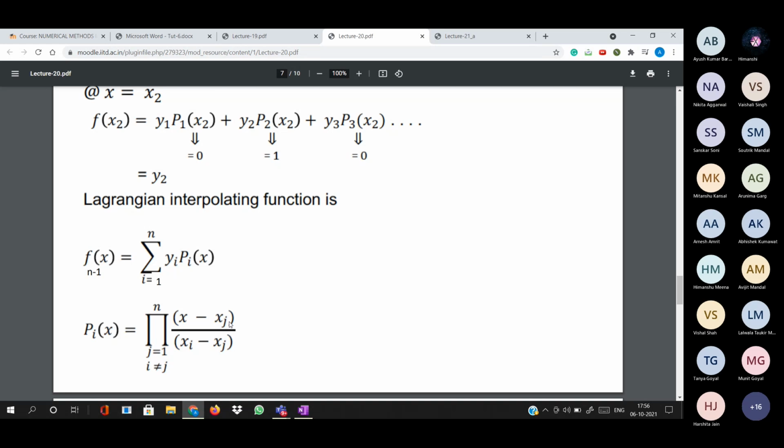We do not want that. We want it to be 1 at x1, and at the rest of the x we want it to be 0.